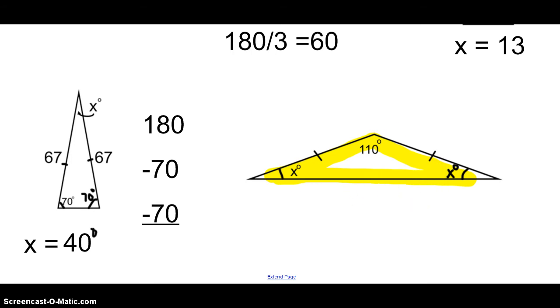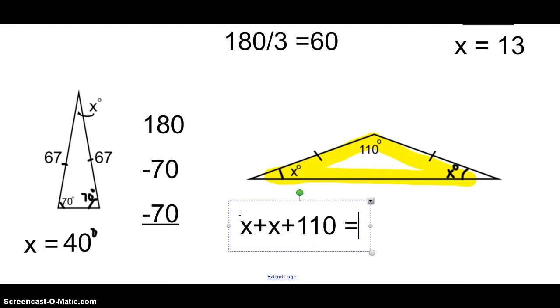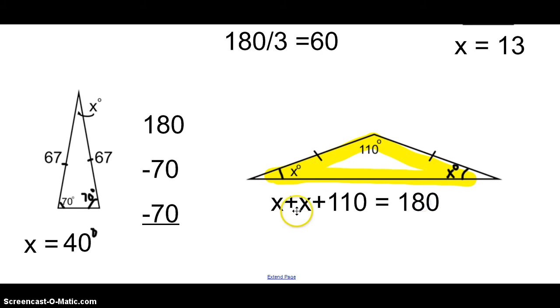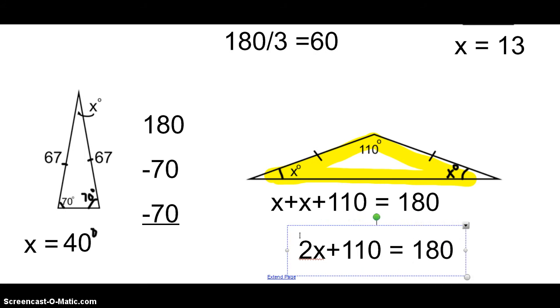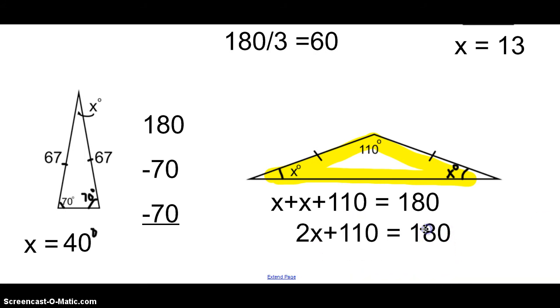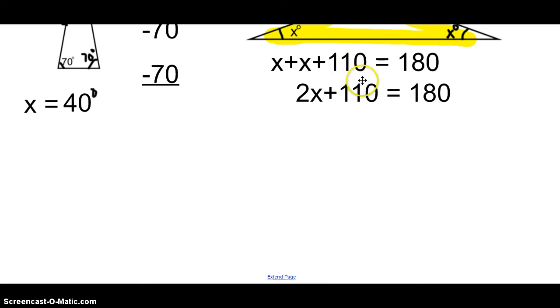I will take x plus x plus 110, and I will set it equal to 180 degrees. Combine like terms on this side, which will leave us with 2x plus 110 is equal to 180. Quickly subtracting 110 from both sides, I will do that on the screen here.